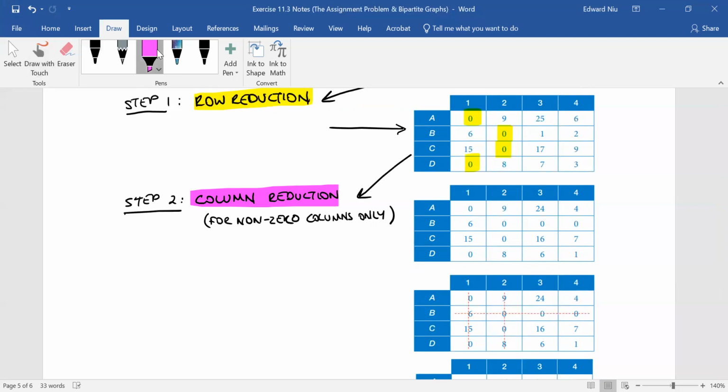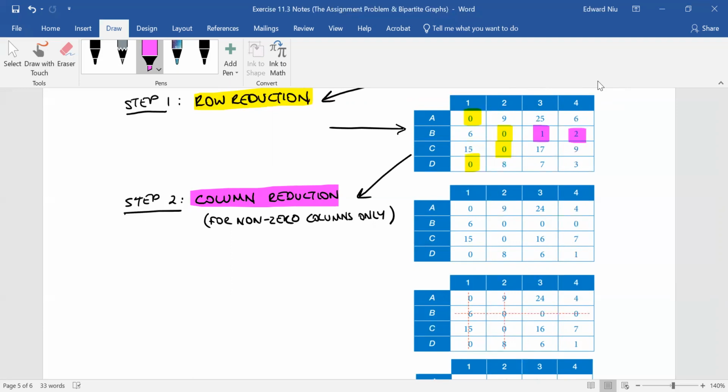This entire column here and this entire column here, there's no zeros. So what we need to do is locate the smallest number in the column and subtract every other number with that small number. For column 3, it's the number 1. For column 4, it's the number 2.